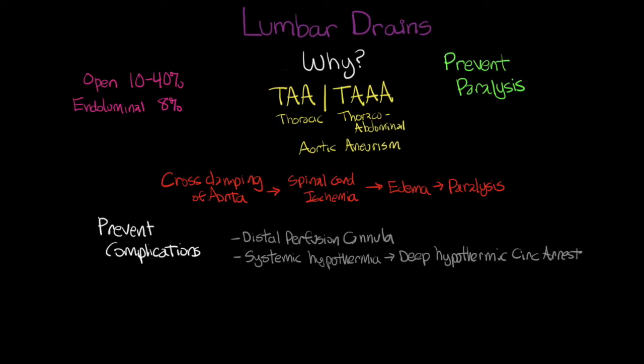This is essentially where they drastically cool the patient down and go into circulatory arrest, allowing them to do whatever they need to surgically in there, and they've greatly reduced the oxygen consumption that the body is using during this. This is something that we will see pretty frequently, and if it is something that they've done, make sure that you find out the amount of time that they've spent in circ arrest.